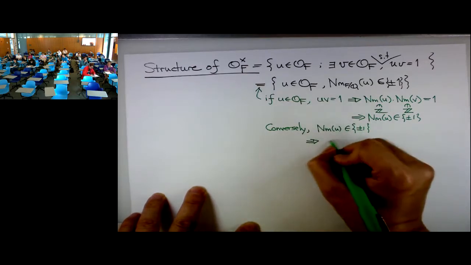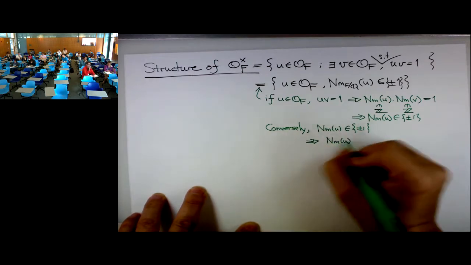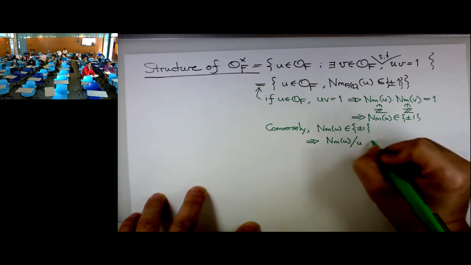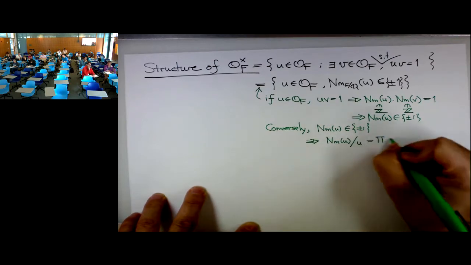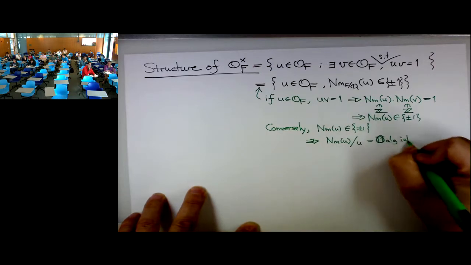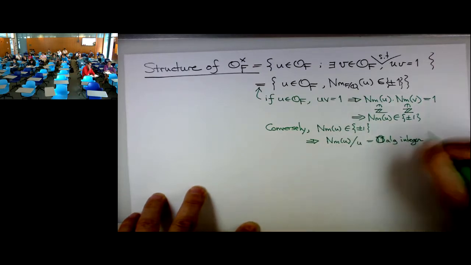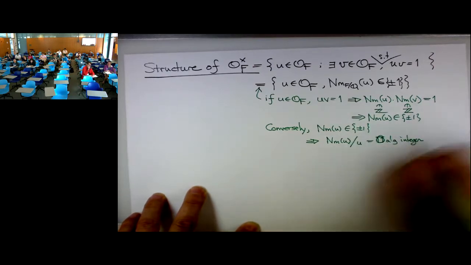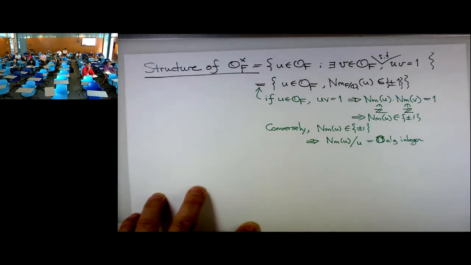Then what you note is that somehow the norm of u, divided by u, first of all, this is a product of all the other embeddings. This will be an algebraic integer in the algebraic closure, because this is a product of all the other embeddings of the algebraic integer.